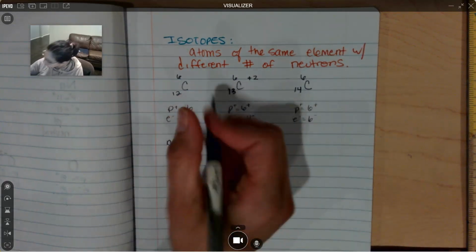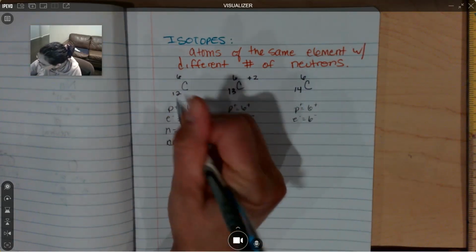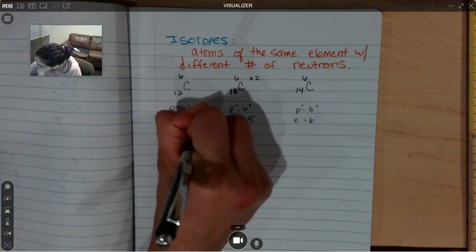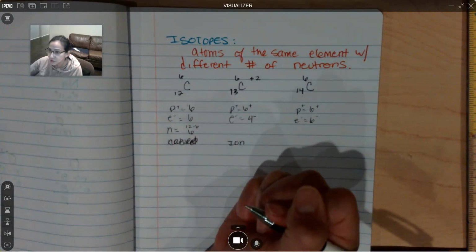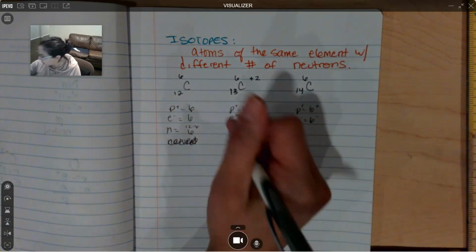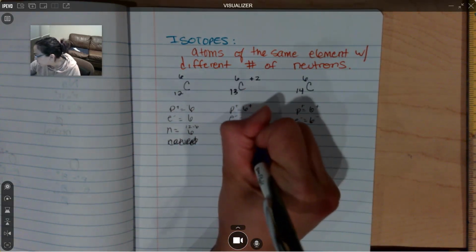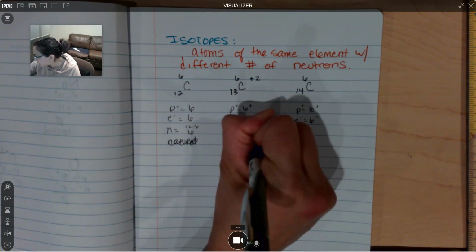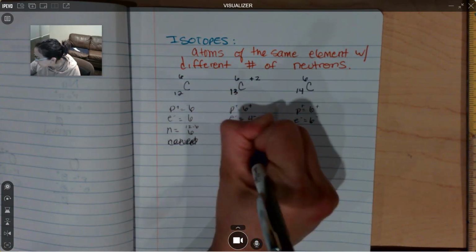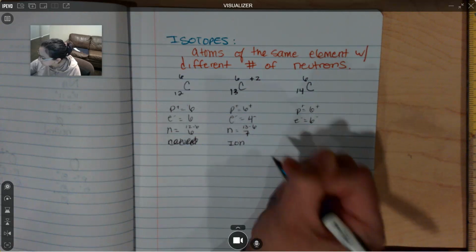Okay, now let's look at neutrons. 12 minus 6 equals 6 neutrons. Done. Let's look at the neutrons on carbon 13. We have 13 minus 6, which is equal to 7 neutrons.